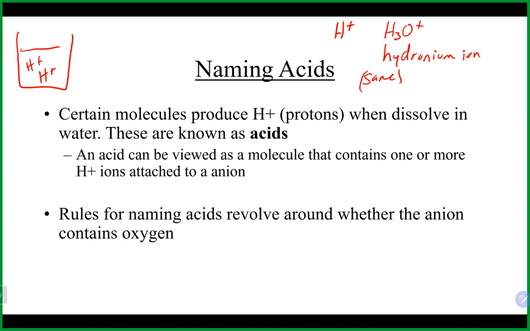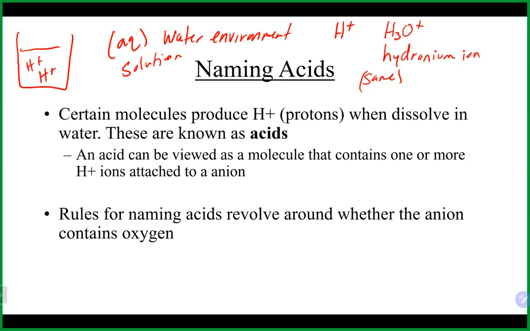And that is why when we write formulas for acids, they are typically solutions, and they typically should carry the aq abbreviation next to it, which is the aqueous symbol. And that means that it is a water environment. It's basically a solution. And this is how we know, for example, that we are dealing with an acid rather than something that's not an acid.